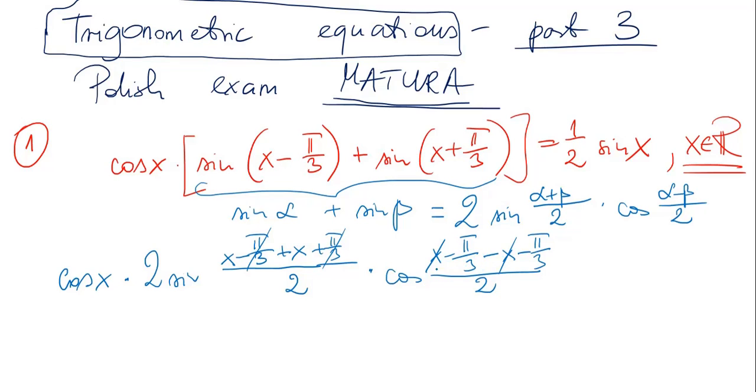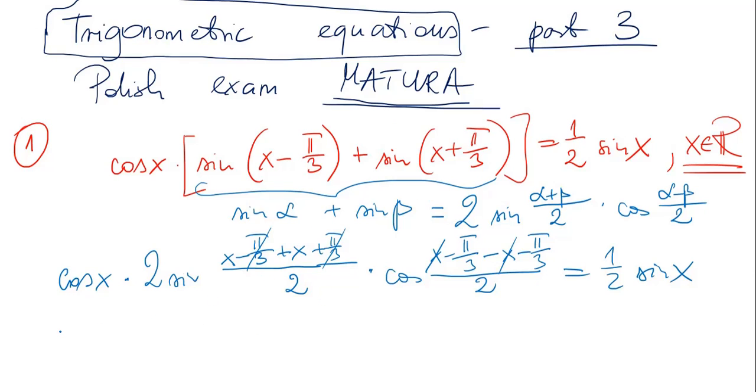In the second one, we have x's crossed out because we have x and minus x. So you can see straight away that it's getting simpler, and the right side stays the same.